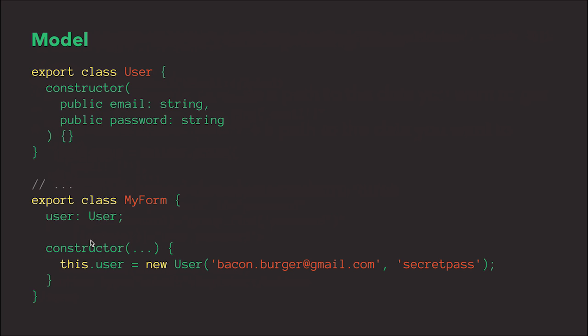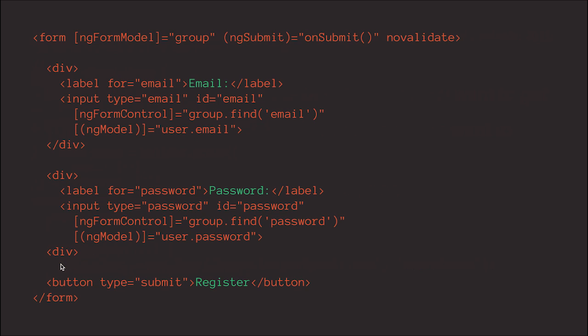So we start by creating a user property in our form component, and then in the constructor, we'll simply create a new instance of this user and pass in the values that we actually want to set this model to. So now we have this.user available to us within our form. And if we have ngModel applied to input fields, now these fields will actually be attached to the value that's coming in from the user object that we have in our component.